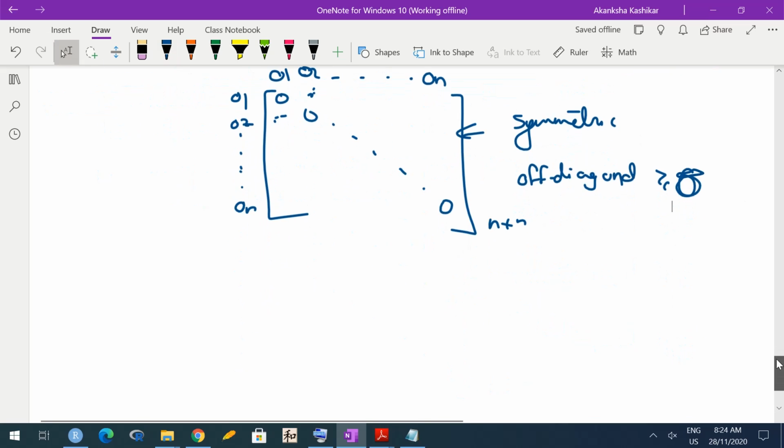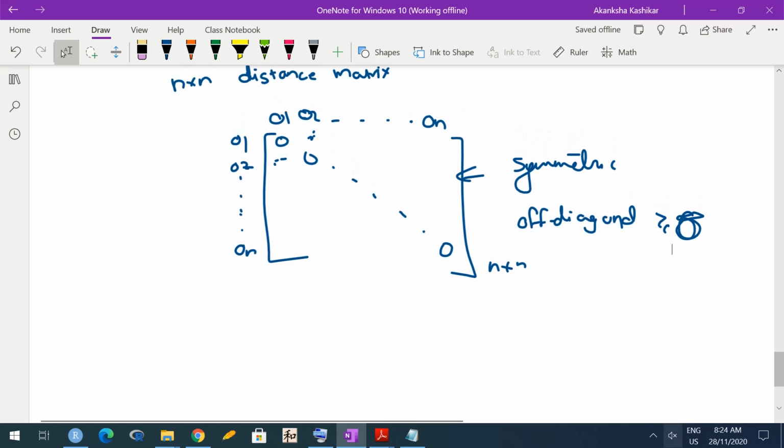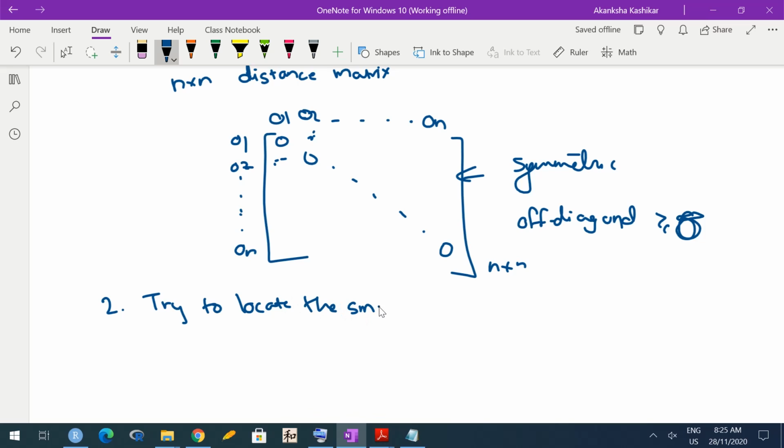Then in this distance matrix, you try to locate the value which is smallest, other than 0. So try to locate the smallest non-diagonal entry. Diagonal entries are anyway distances between objects. Suppose the smallest non-diagonal entry is somewhere here, O2 and let us say O5.